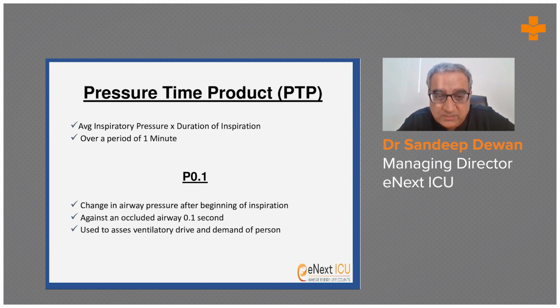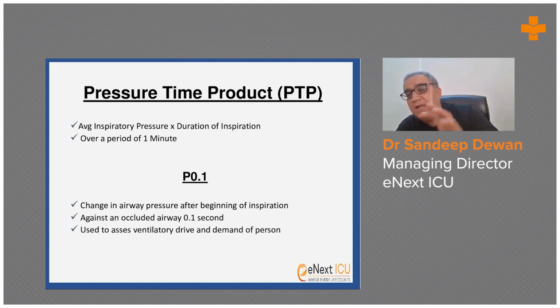The other important thing that you need to know in a ventilator is P0.1. What is P0.1? We occlude the airway. Let's say we block the endotracheal tube, and we suddenly tell the patient to breathe in. This is a weaning criterion. When you are trying to remove the patient from the ventilator, P0.1 becomes important.